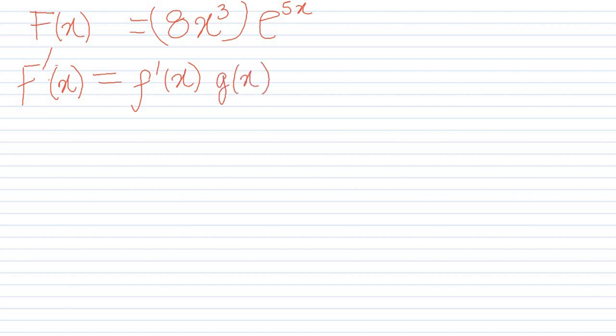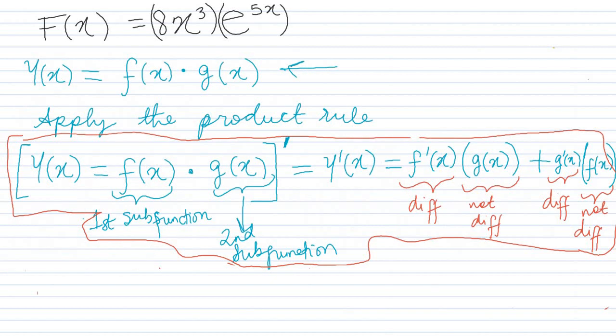That's what we're trying to do. So the derivative of the first function multiplied by the underived second function, plus the derivative of the second function, so g prime of x, multiplied by the underived first function. Yay! So this is really what we're doing here.